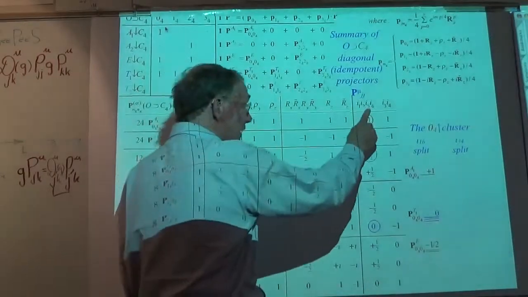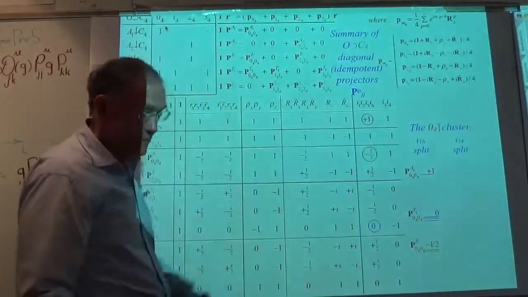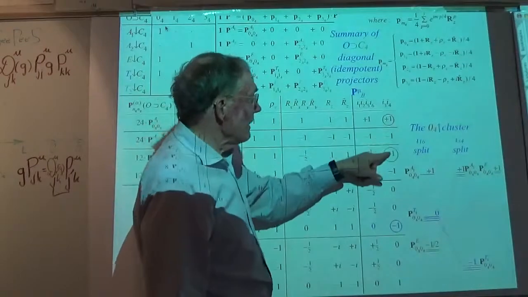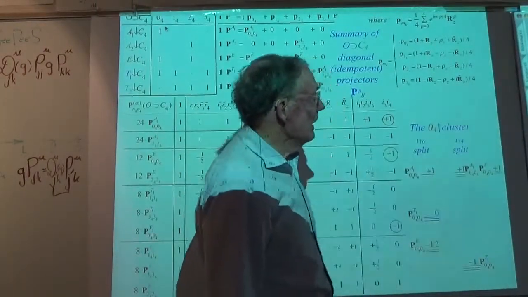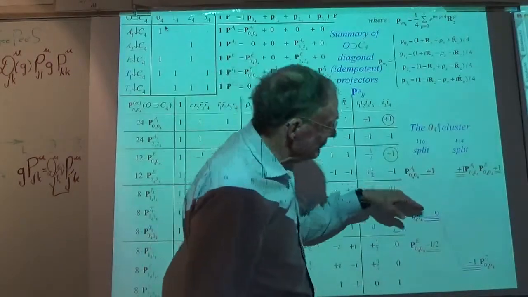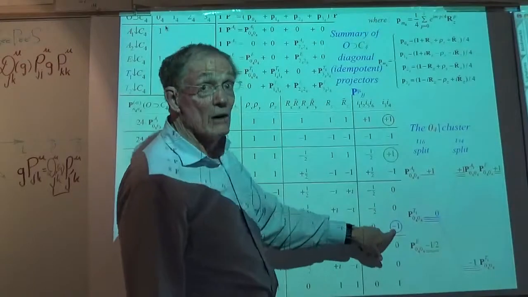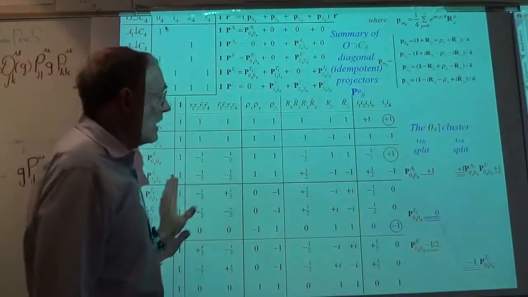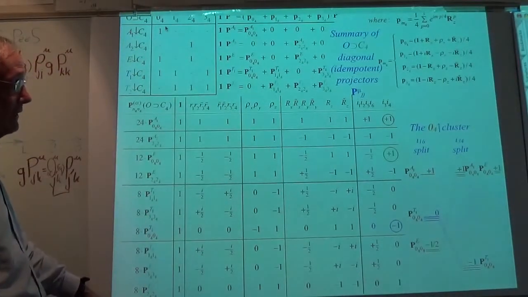That's nearest neighbor. What if you turn on double jump? You get plus 1 and plus 1. The E comes up and sits next to the A1, and the T drops to minus 1. That's minus 1. So these are just copied from what we did before with the splitting of the projectors.